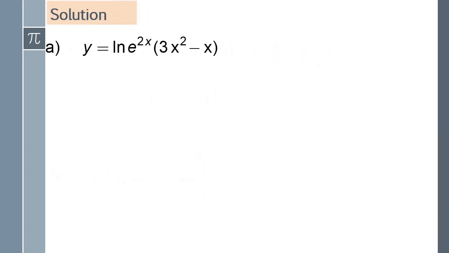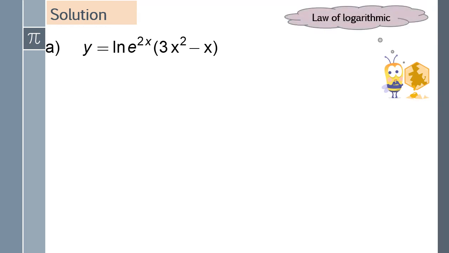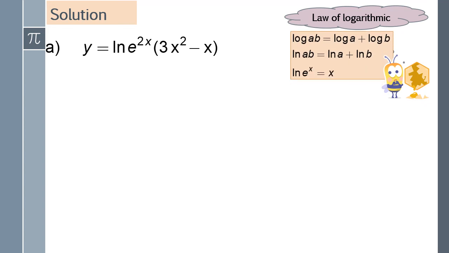Solution for example 4a, y equal to ln e to the power of 2x times 3x squared minus x. For this question, we will use law of logarithm, that is, log ab is equal to log a plus log b, or if we have ln ab, also the answer is ln a plus ln b, and also we use law of logarithm, ln e^x is equal to x.